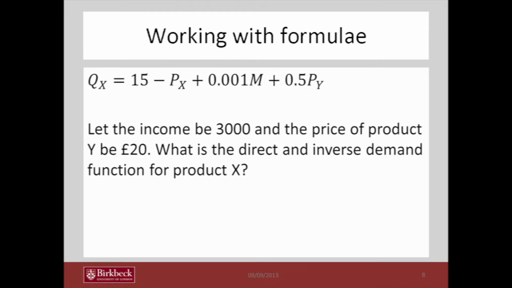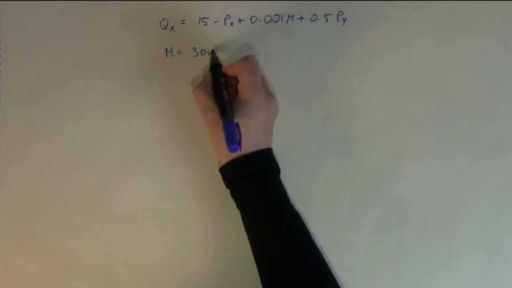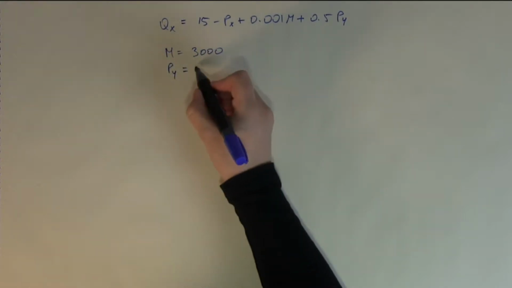When you read the instructions, it says let the income be 3,000 and the price of product Y be 20. That tells me that M is equal to 3,000, while Py, the price of product Y, is 20.